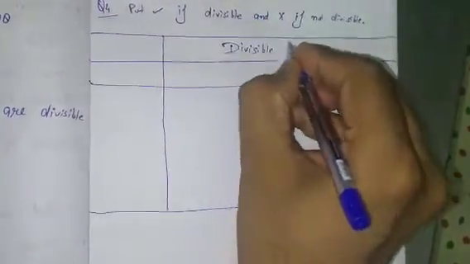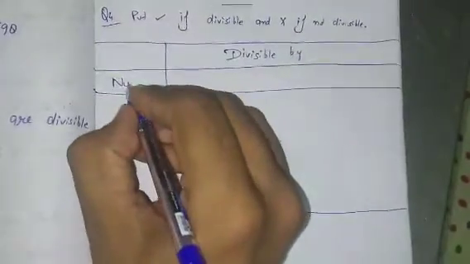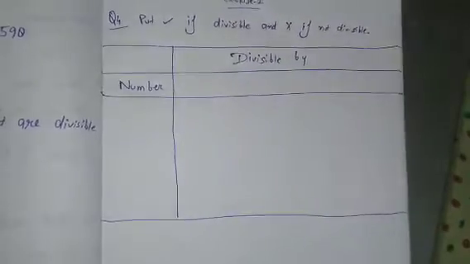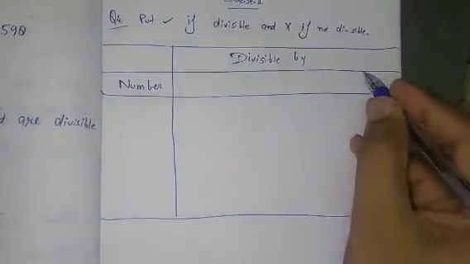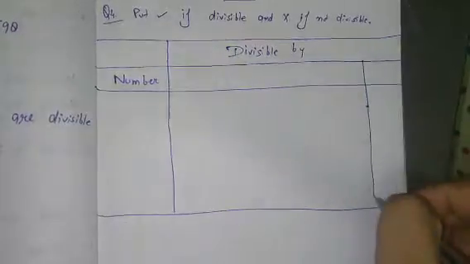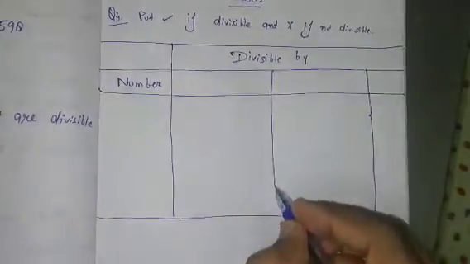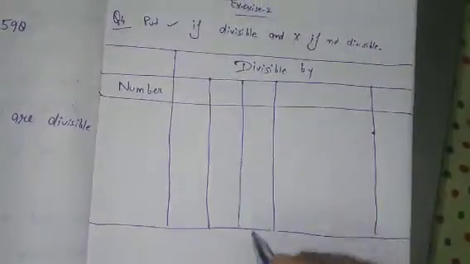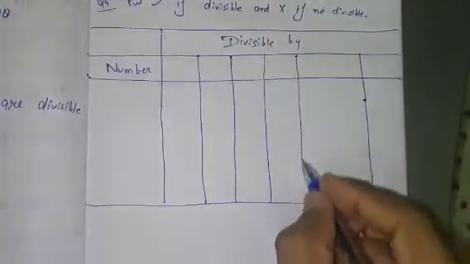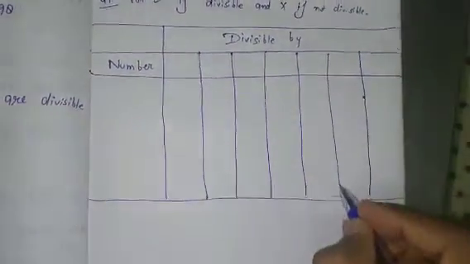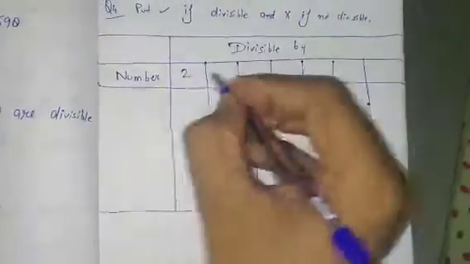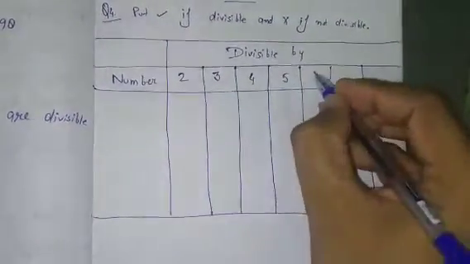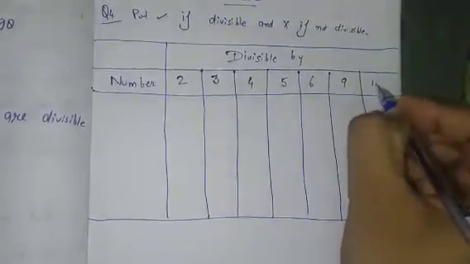Divisible by, here number has been given, and in divisible by there are the 7 numbers given: 2, 3, 4, 5, 6, 9, 10.